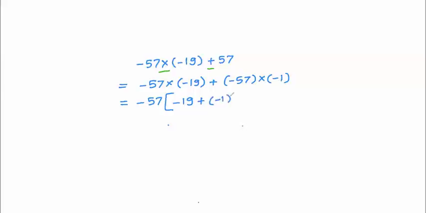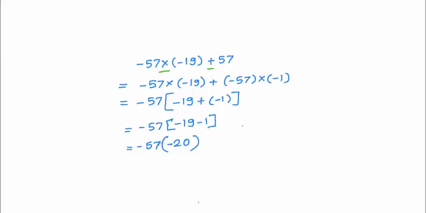So that is equal to minus 57, and inside the bracket minus 19 plus minus 1: two successive signs which are different get a resultant sign as minus, which is equal to minus 57 into minus 19 minus 1. Same signs result into addition. So 19 plus 1 is 20, and the 20 comes with the sign of the greater integer, which is minus 19, and hence a minus sign.